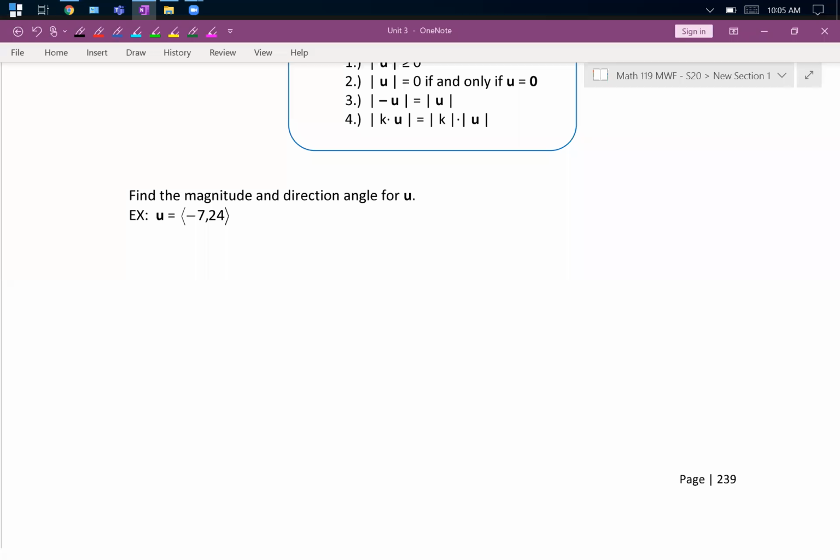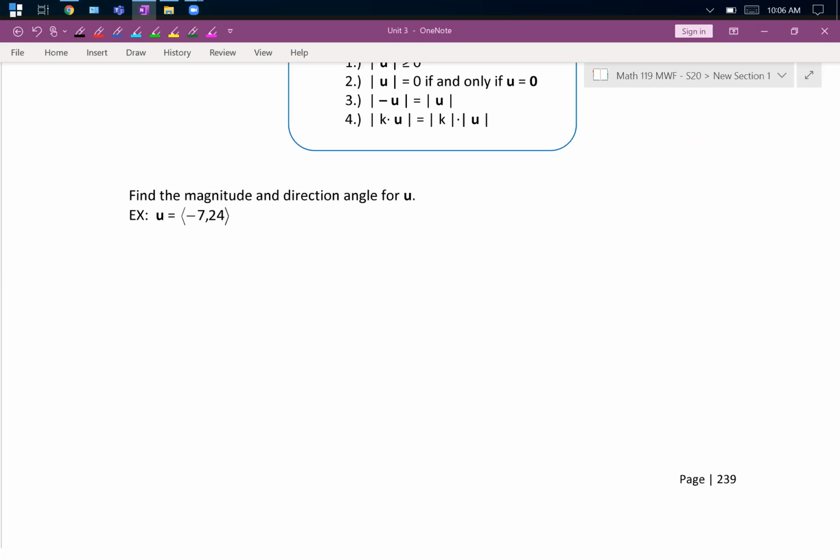So basically, vectors show both magnitude and direction. If it's going in the opposite direction, then it has an opposite angle to it. All the scalar products. Basically, vectors just follow all of our properties of real numbers. It's associative, it's commutative, it's distributive.